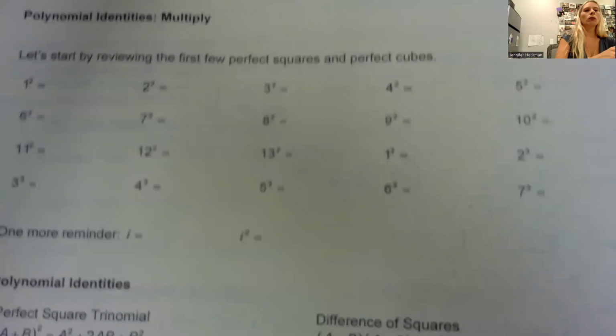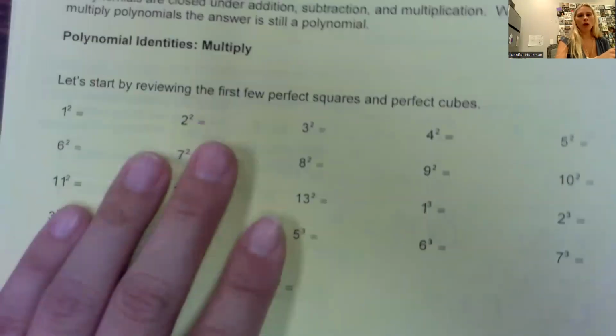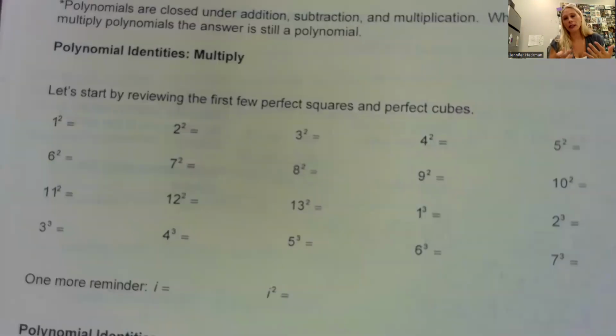One of the things with the identities that we need to go over first is our perfect squares and sometimes our perfect cubes, okay? Remember, squaring, you're multiplying something by itself. Cubing, you're multiplying something by itself 3 times, okay?